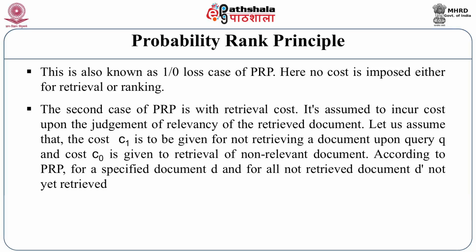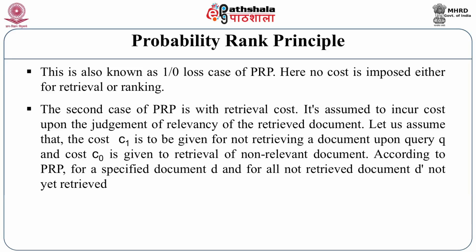The second case of the probability rank principle is incurring the cost according to the level of relevancy. It is assumed that cost is incurred upon the judgment of relevancy of the retrieved document. Let us assume that the cost C1 is given for not retrieving a relevant document upon a query Q, and cost C0 is given for retrieval of a non-relevant document.